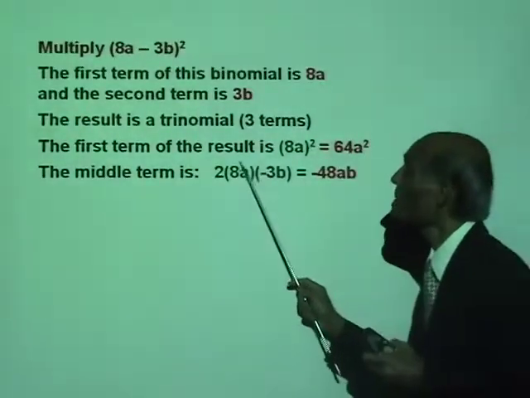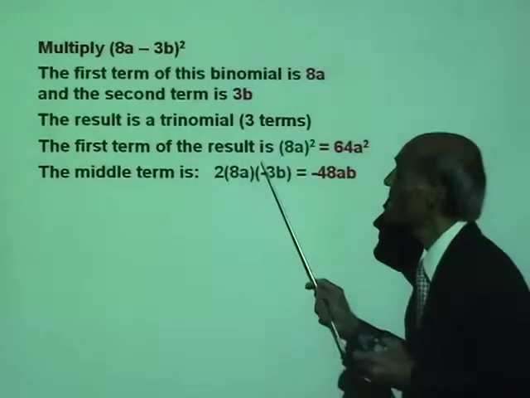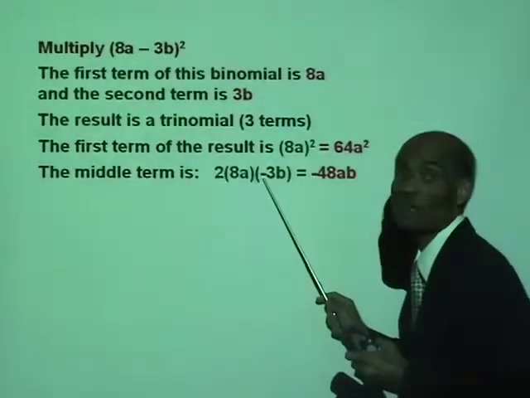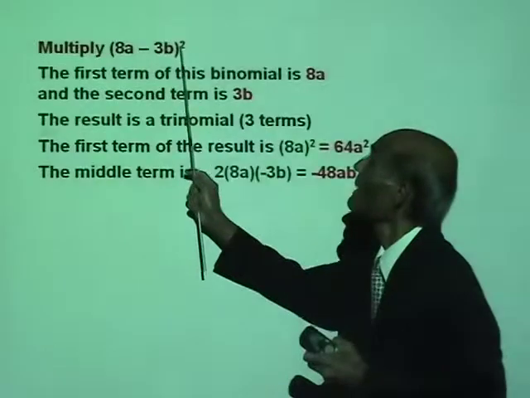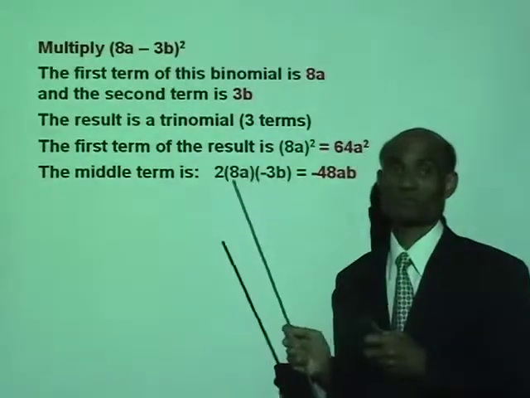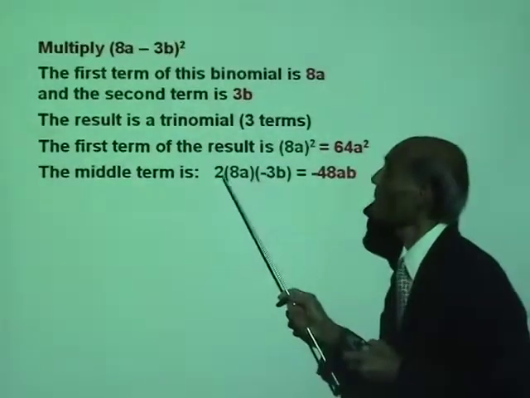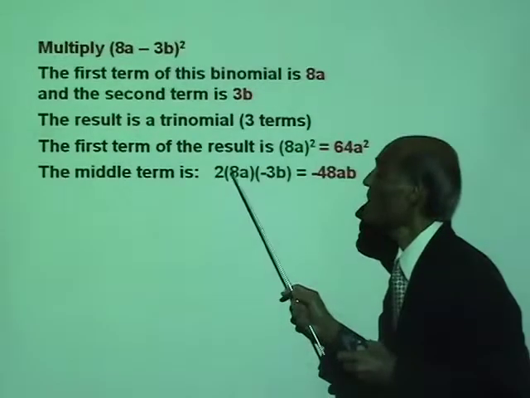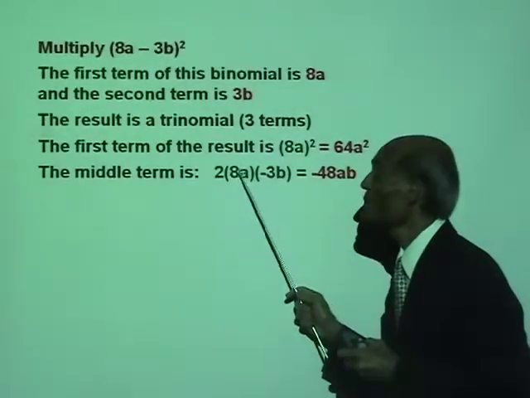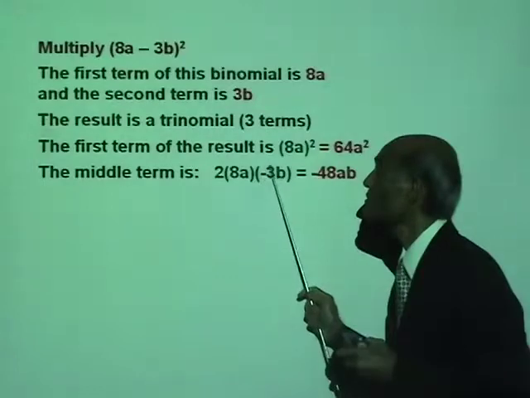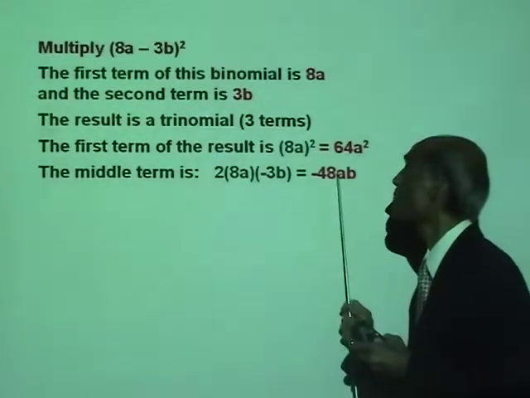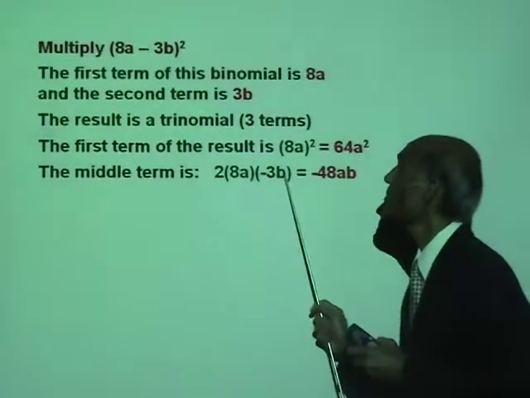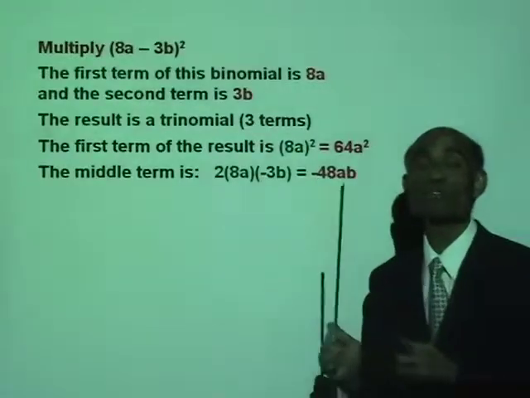So the middle term is 8a times negative 3b multiplied by that power 2. What is that? Multiply the numbers. 2 times 8 is 16. 16 times negative 3 is negative 48ab. That is the second term.